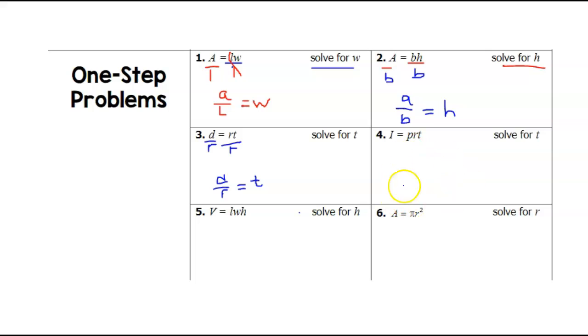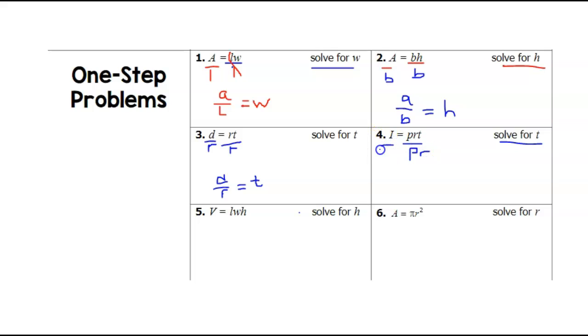Now I'll do this last one with you, and then I want you to try number 5. They tell me to solve for T. So I'm going to divide, but this time I notice there are 2 variables being multiplied times T. So I'm not going to divide just by R or just by P, but by P and R, both of them.